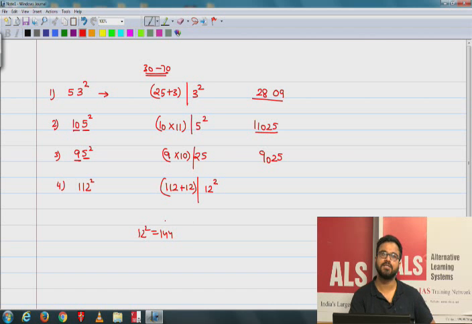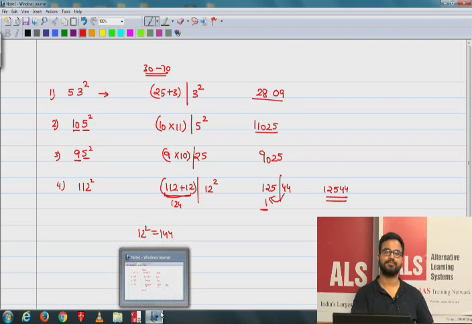Since it is a 3-digit number, we will use only the last 2 digits, and 1 as a carry. So we will write 44 over here, and transfer 1 as a carry. So 112 plus 12 comes out to be 124, plus this carry of 1, that will be 125. So 12544 is the square of this number.